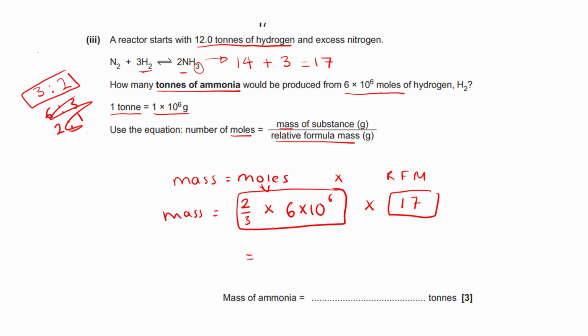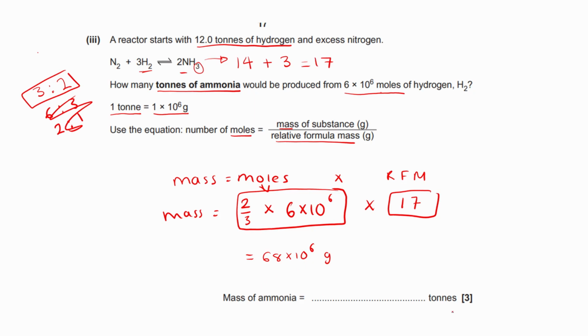And if you type that into the calculator, you'd get 68 times 10 to the power of 6 grams. Okay, in the calculator it might just have 6 zeros instead of this times 10 to the 6 with it, but you can press SD on the scientific calculator and it'll give you times 10 to the power of 6.